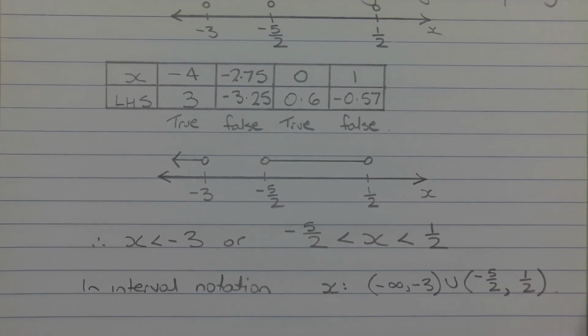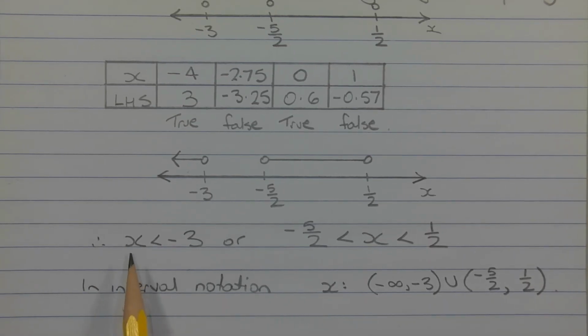So writing our solution, we get therefore x is less than negative 3, or x is greater than negative 5 over 2 and less than 1 over 2. And expressing that solution in interval notation, we get this expression here.